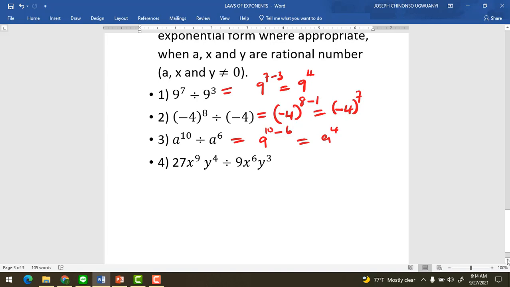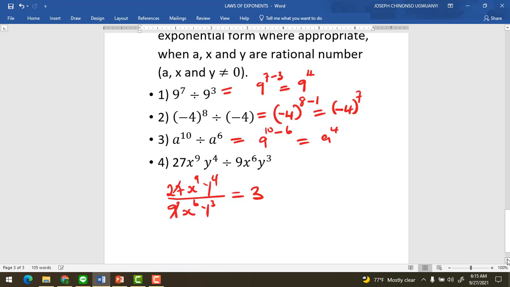So let's write this as a fraction: 27 x raised to the power 9, y raised to the power 4, divided by 9 x raised to the power 6, y raised to the power 3. We divide 27 by 9, and it gives 3.